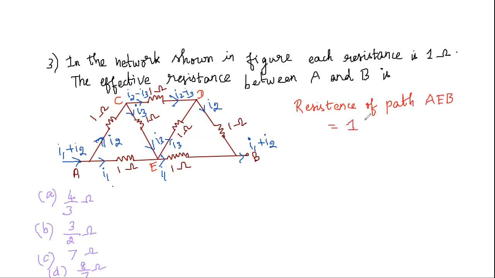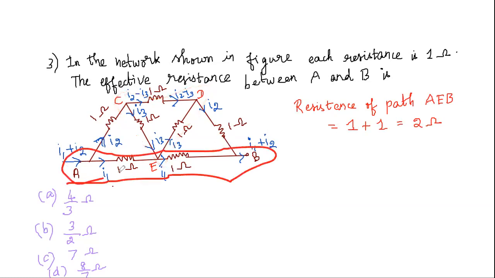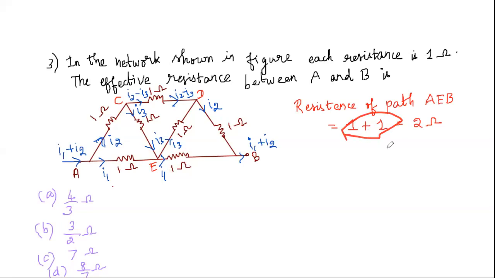How are we getting this? As I have mentioned earlier, the CED part is now disconnected from this AEB, which means you have only this part with you, AE and EB. So in between AE and EB, you are having 1 ohm and 1 ohm, both connected in series. So the resistance of this path is 1 plus 1 equal to 2 ohm.